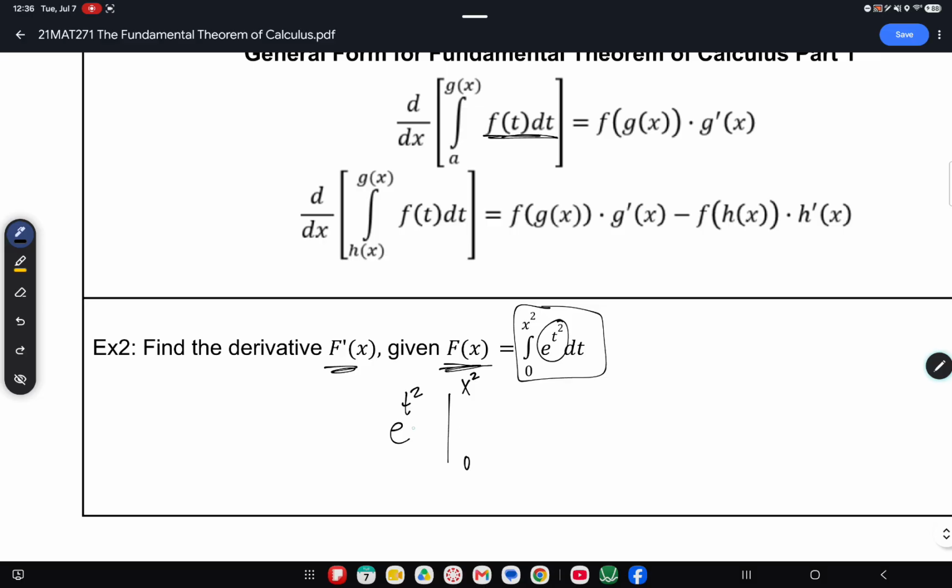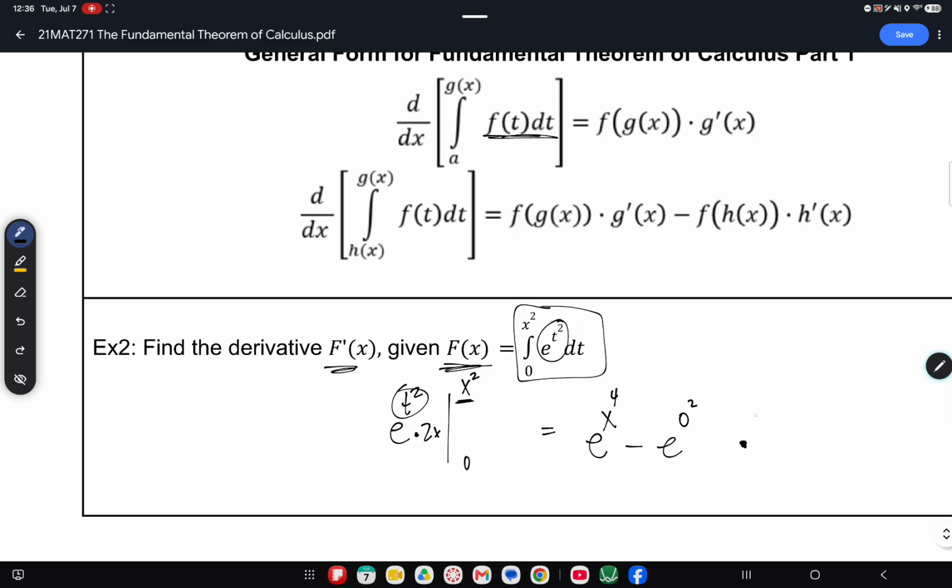Then we also have to multiply it by that derivative here, so 2x, right? So we can substitute in that x squared, so that'd be e to the x to the 4th, right? And then I would subtract off e to the 0 squared, right?